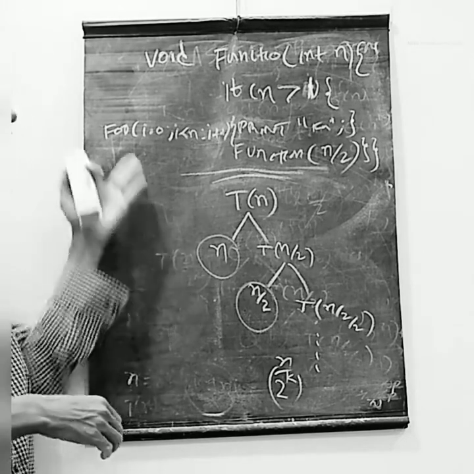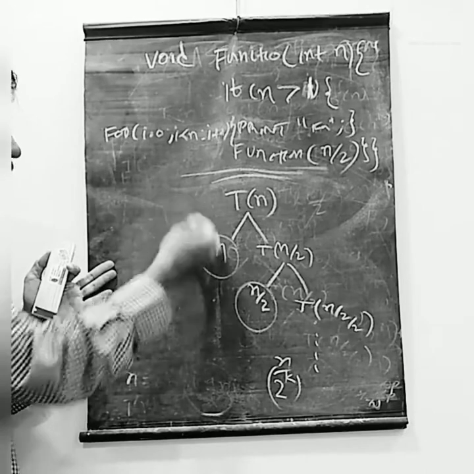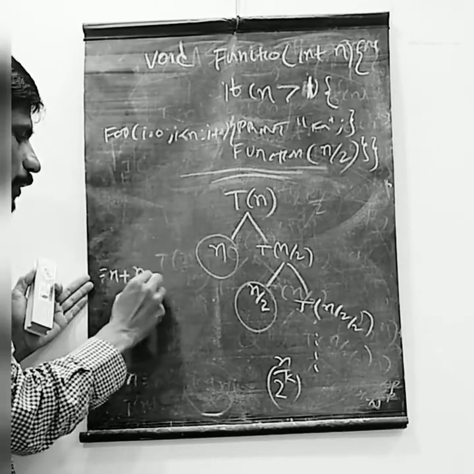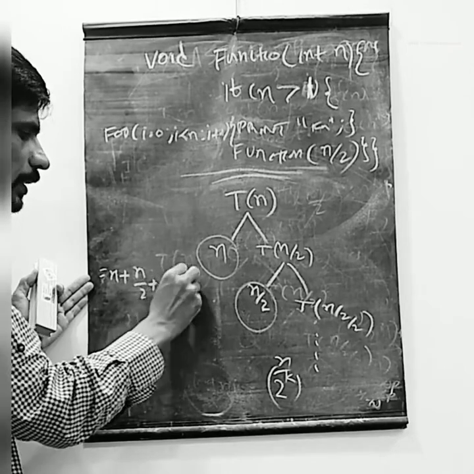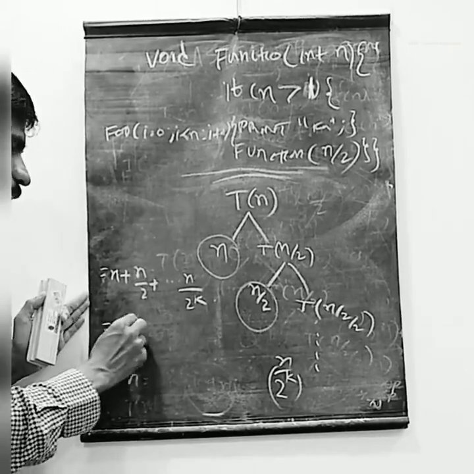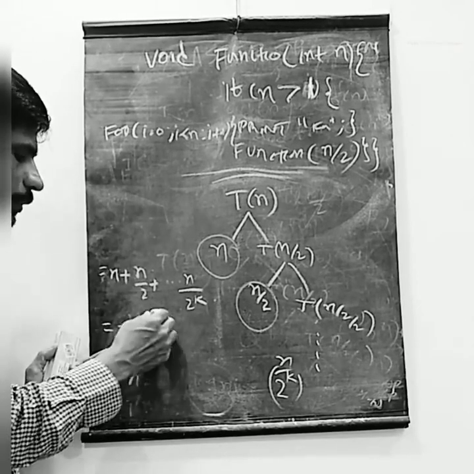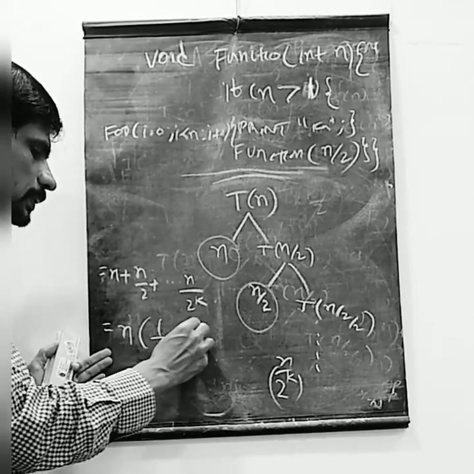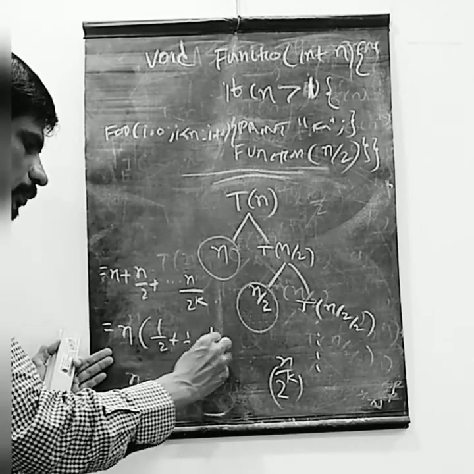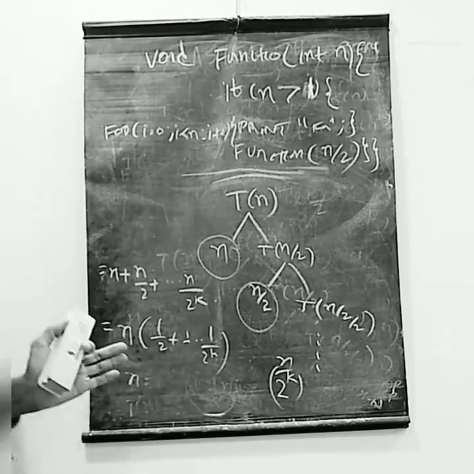As we did in our division, we will add these up: n plus n by 2 plus so on up to n by 2 power k. We can separate out n: n times (1 plus 1 by 2 plus so on up to 1 by 2 power k).